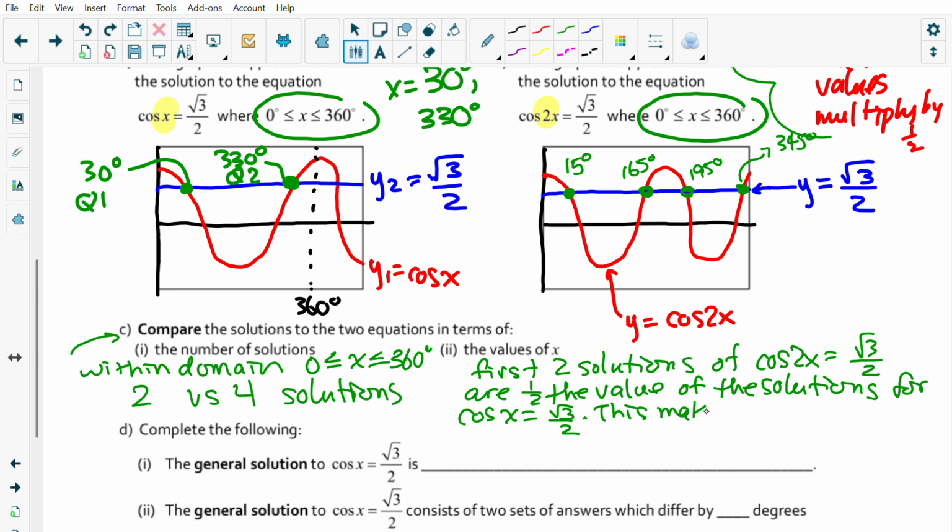This makes sense, not only from a graphical standpoint, we just graphed it and showed it, right? This makes sense.